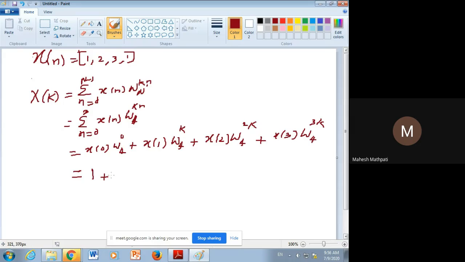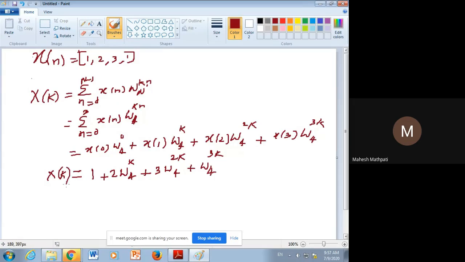X of 1 is what? 2. 2 into w4 to the power k plus x of 2 is again 3 into w4 to the power 2k plus x of 3 is 1. So which I can write it as simply w4 to the power 3k. So this is the value of x of k I got.